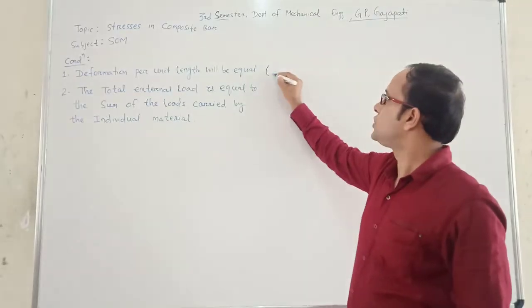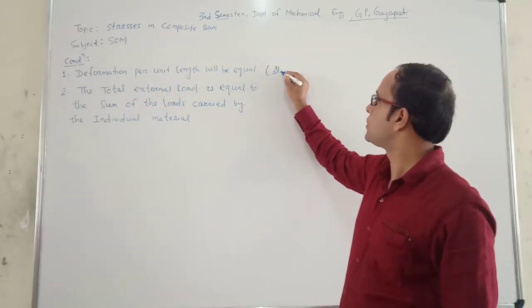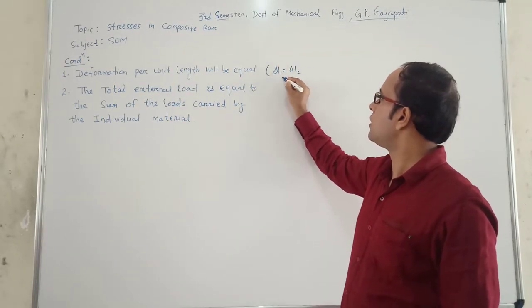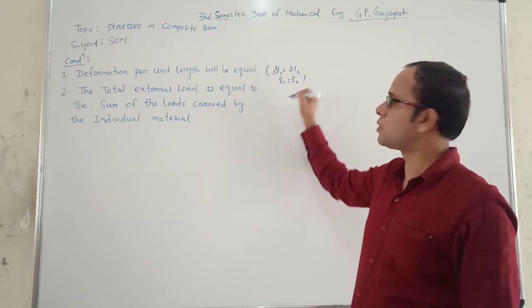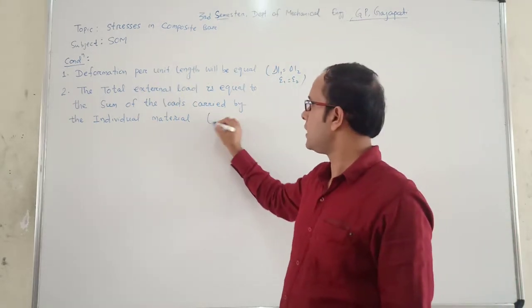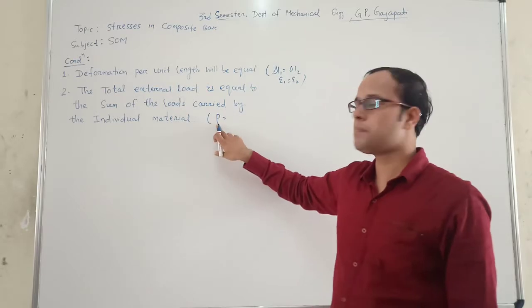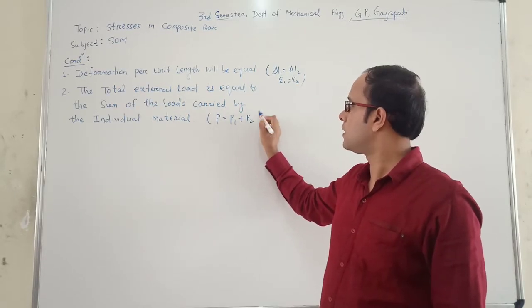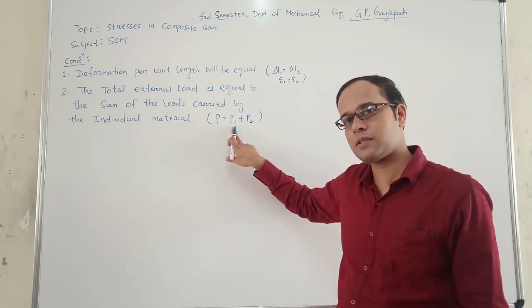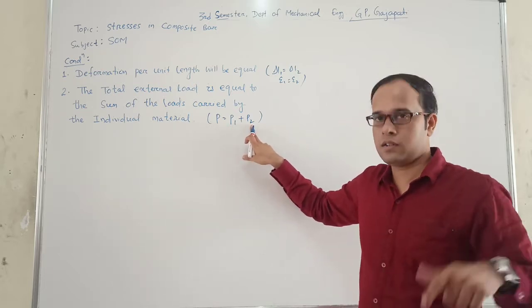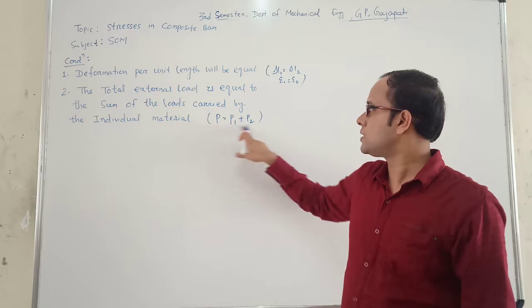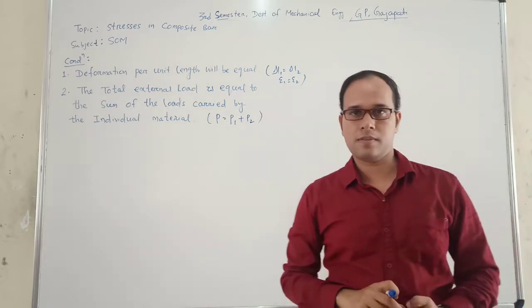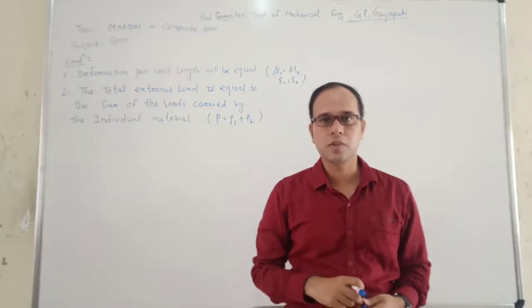That means change in length should be equal, or strain will be equal for both materials. Second, load shared. Let total load applied be P. P1 is the load shared by the first material. P2 is the load shared by the second material. So these two conditions should be satisfied. Then we call it a composite material.